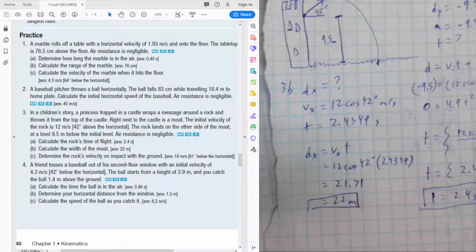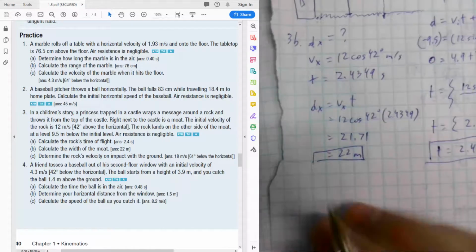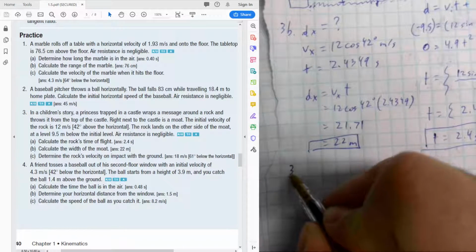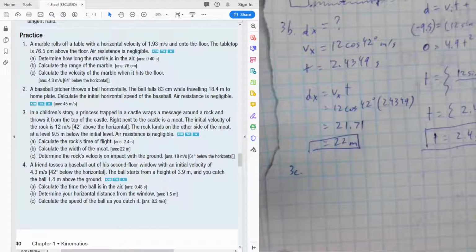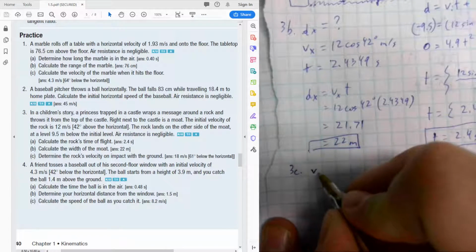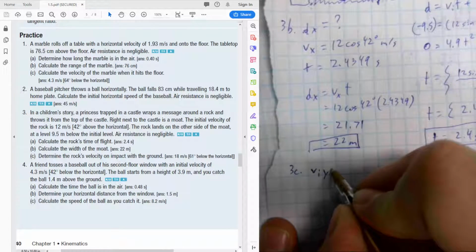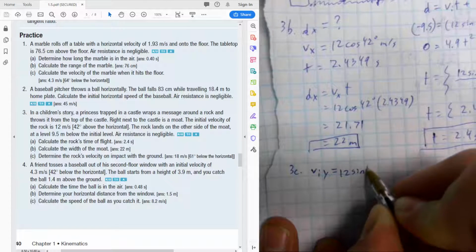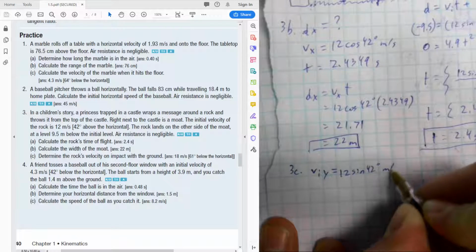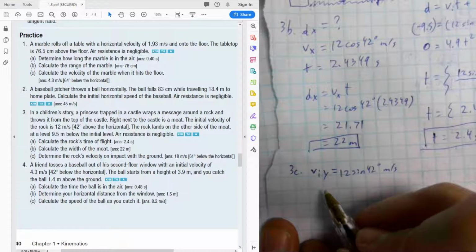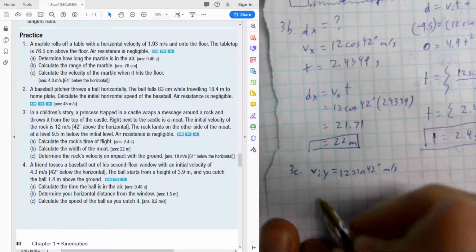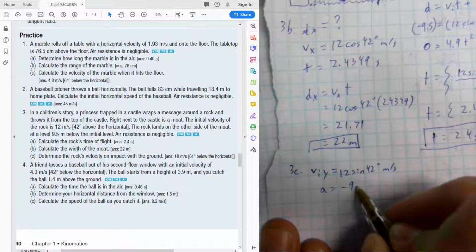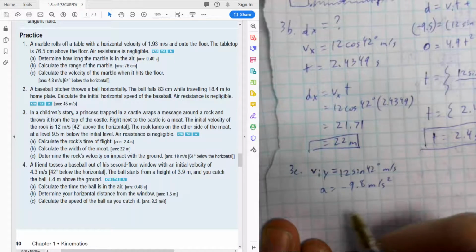Now last I have 3c. Determine the rock's velocity on impact with the ground. Let me rewrite my givens. We have VIY, which we already know is 12 sine 42 degrees meters per second. We know our A, negative 9.8 meters per second squared.